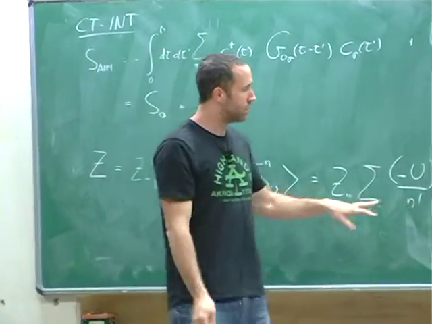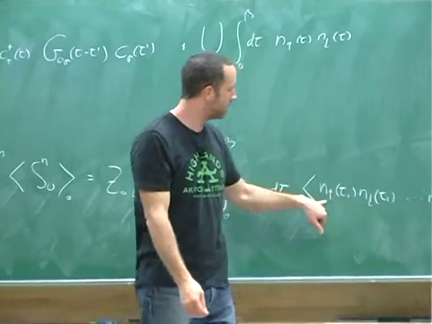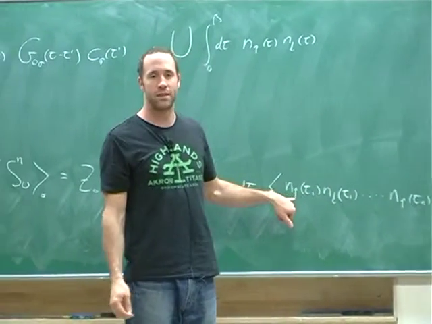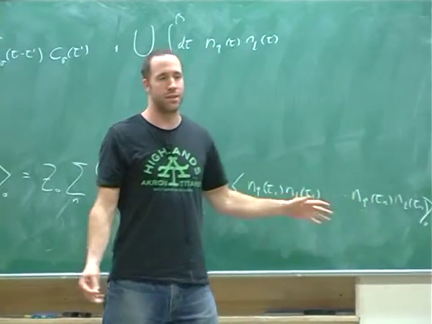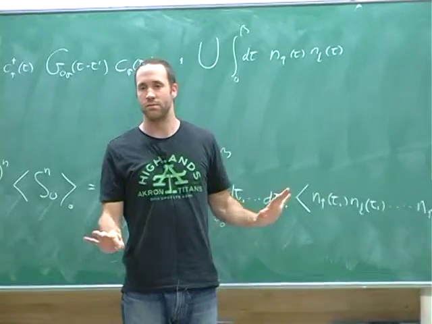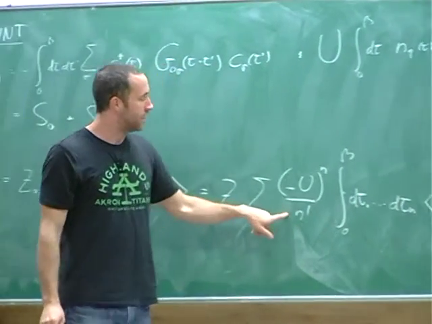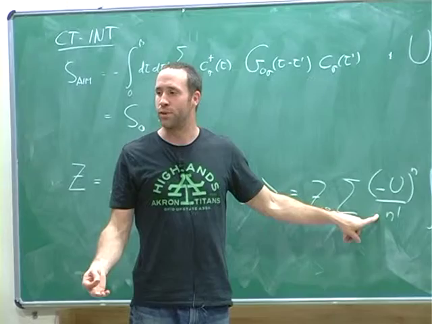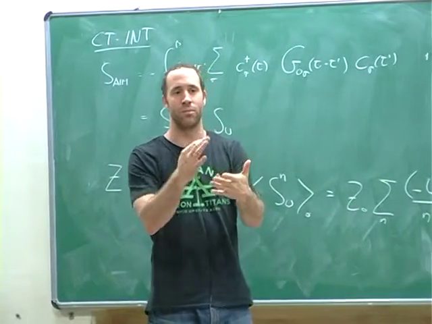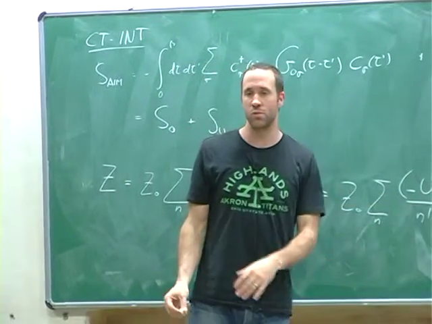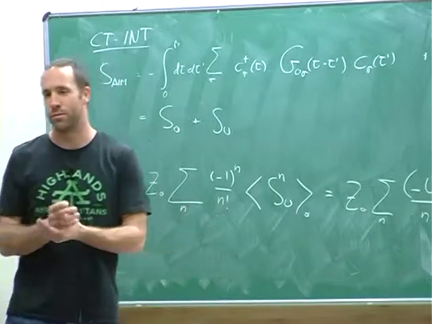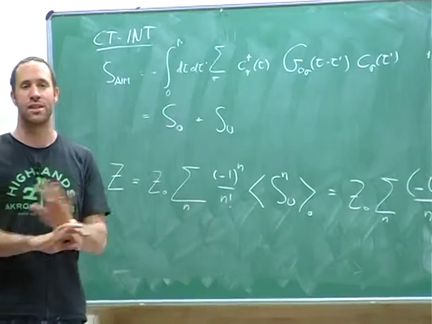Now, this average value in the non-interacting system of some n's that multiply each other is a positive number. But the prefactor alternates sign at every different perturbation order, there's this minus 1 to the n. So at every different perturbation order, I get contributions which have a different sign. This is going to give me a huge sign problem. If I keep it like this, it will just never work.